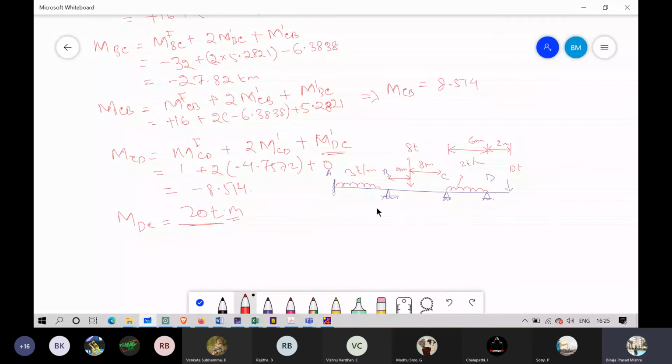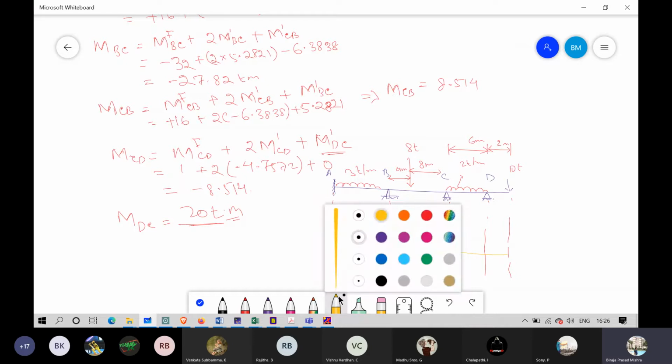I am directly putting the values. You just cross verify whether it is correct or not. This yellow ink is visible to you, right, guys?